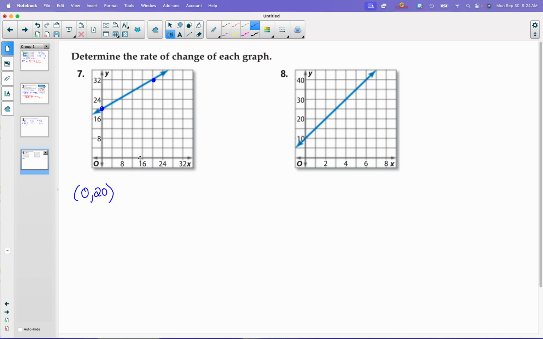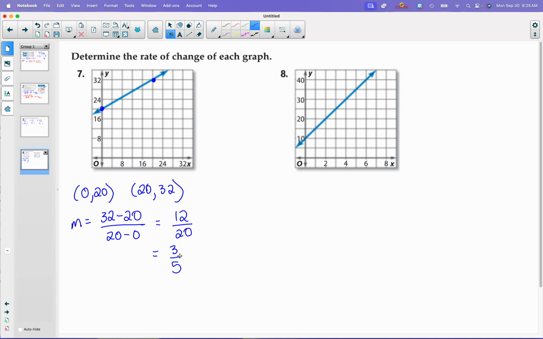And this point over here would be 20, 32. And then use the slope formula. So the slope would be 32 minus 20 over 20 minus 0. And I get 12 over 20, which would reduce to 3/5.